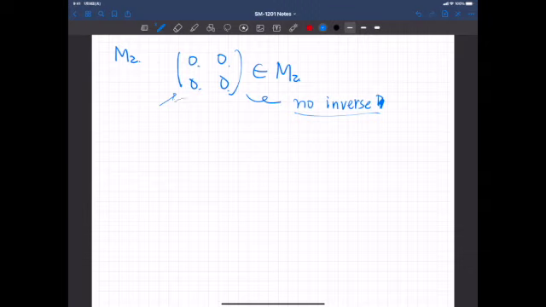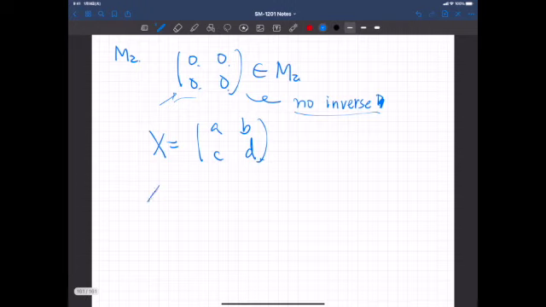Okay, and now suppose X is equal to [a, b; c, d], and we want to find the inverse of this matrix. So let us define delta, this capital letter delta, as AD minus BC.